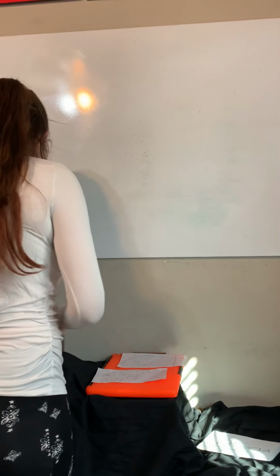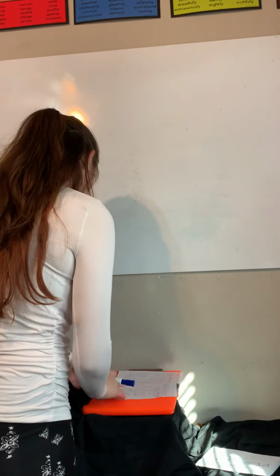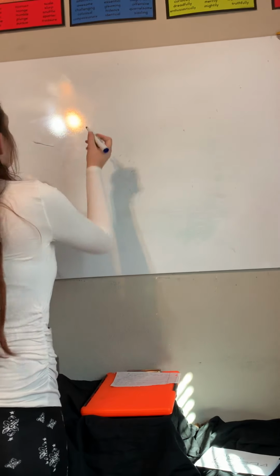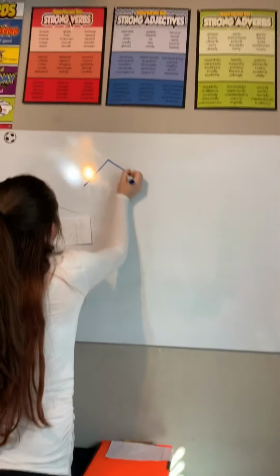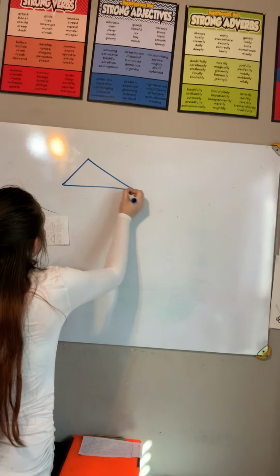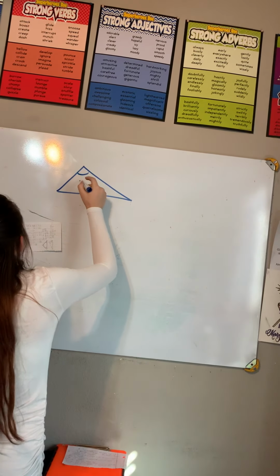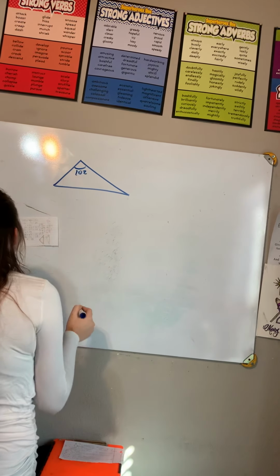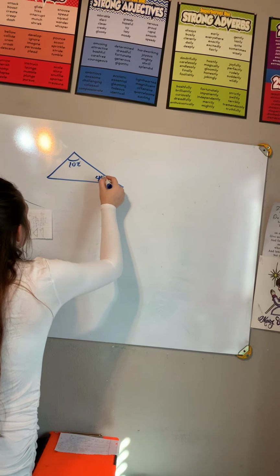Alright. Our first problem is going to be with a triangle that looks like this. In this problem we have this angle, which is equal to 102 degrees, and this angle, which is equal to 48 degrees.